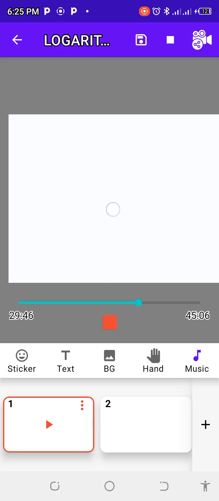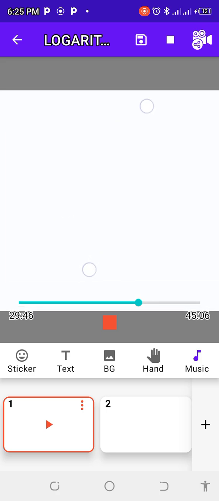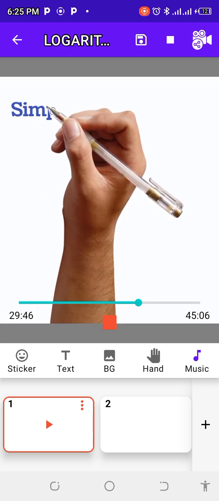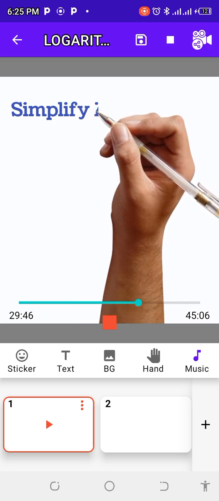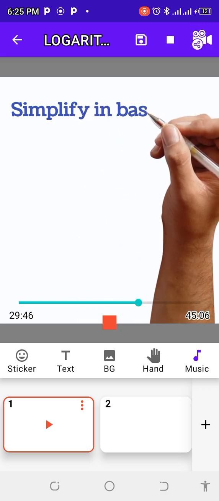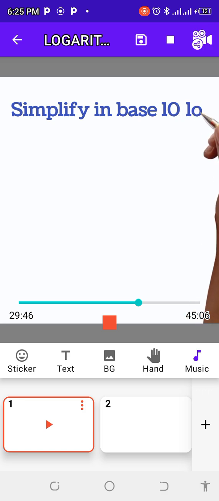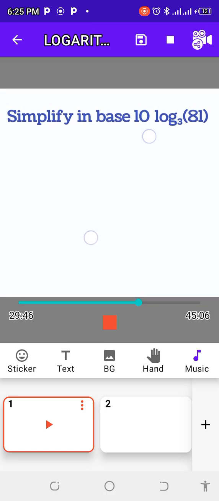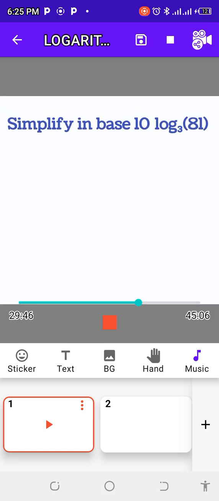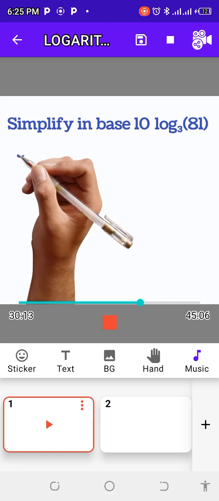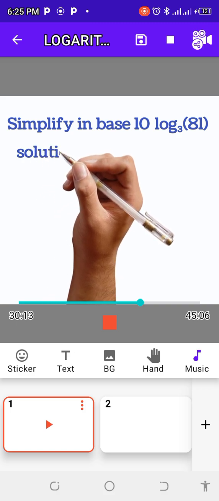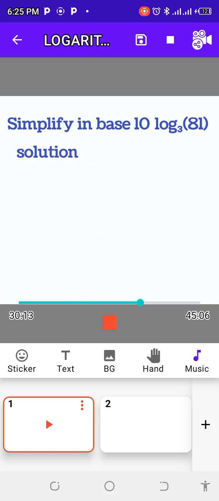We are going to take an example of how to apply this law. Simplify in base 10. We are changing to base 10 now from another base. From the formula, log 81 base 3, to change it to base 10, is going to be log 81 base 10 over log 3 base 10.